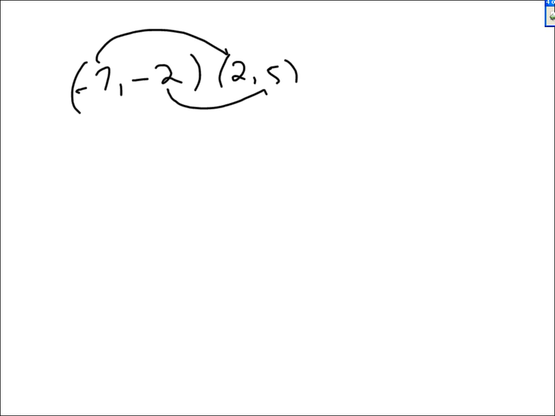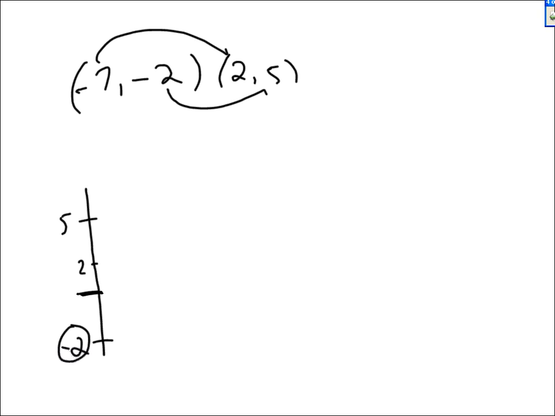Suppose you want to find the slope between these 2 points. You go from negative 2 to 5. Since this is the change in y, I'll draw a vertical. A lot of you would say 3. No. From 2 to 5 is 3, but we're not starting at 2.